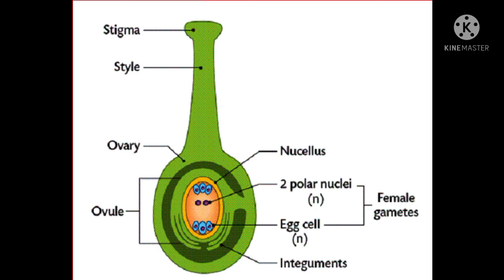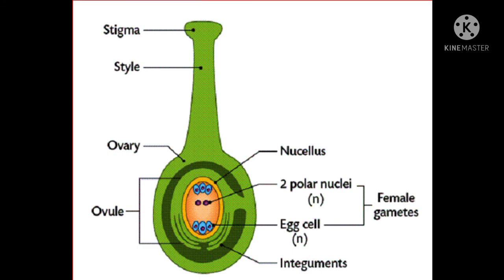The ovary consists of ovules and stores them. It means the ovary makes ovules and stores them. Ovules contain the female gamete, or female sex cells of the plant, which are called the egg cell or ova. There are usually many ovules in the ovary, but some ovaries may have one or two.